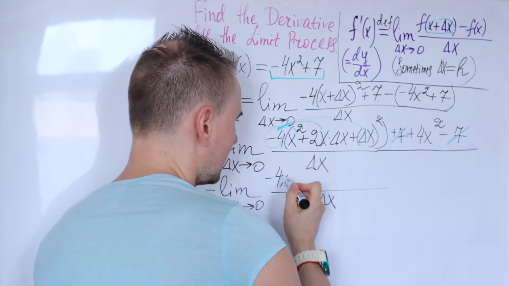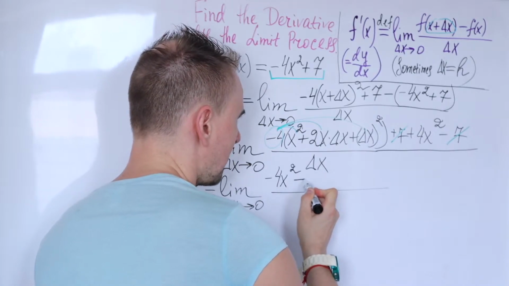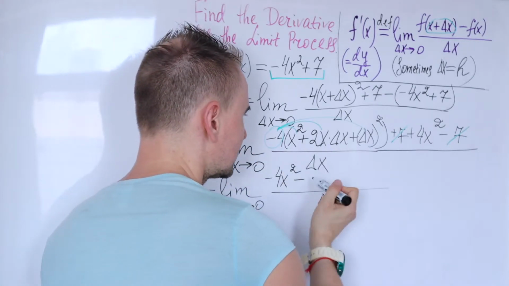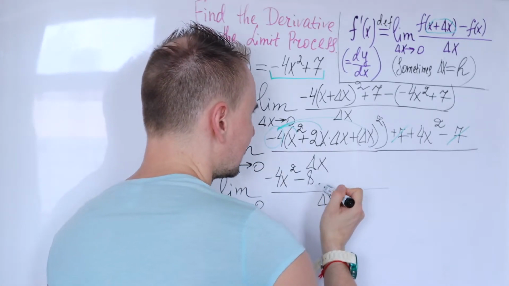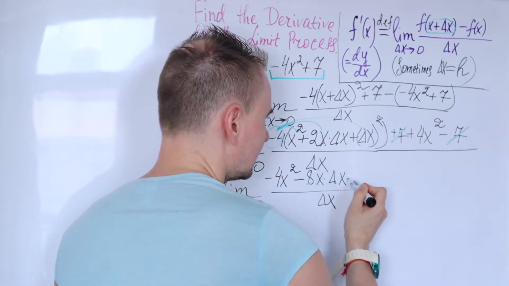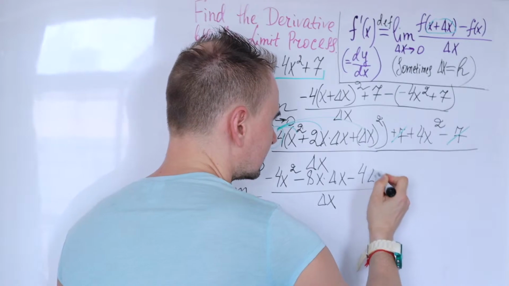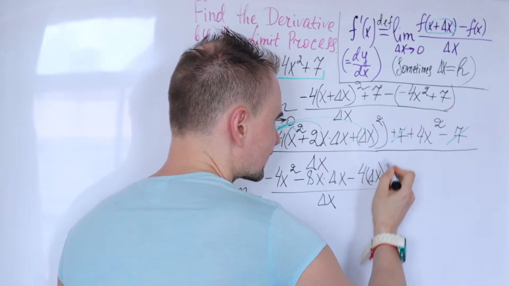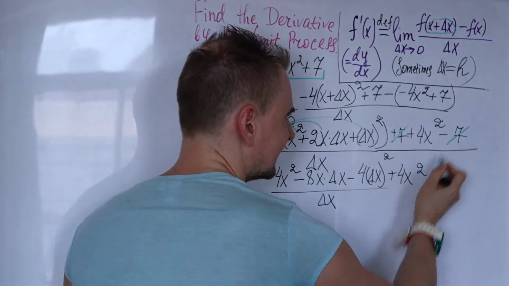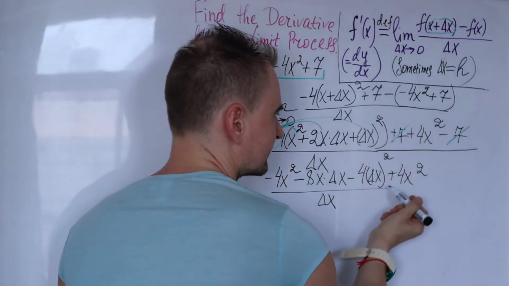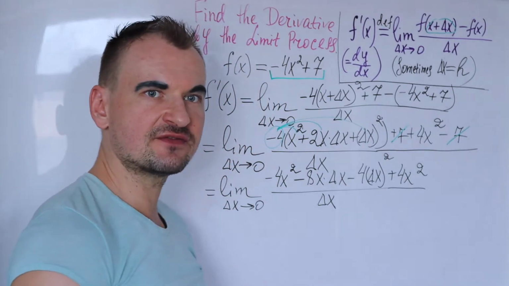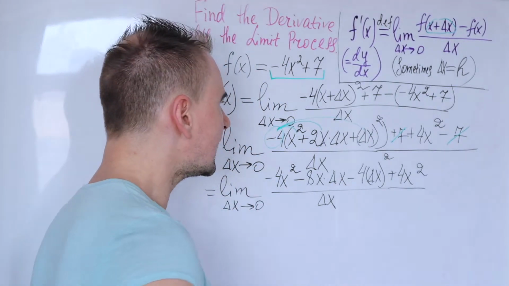So negative 4x squared, minus, notice that the sign has to be switched, 8x times delta x, negative 4 delta x squared, and plus 4x squared left over from the terms. Now check to see if something cancels out.